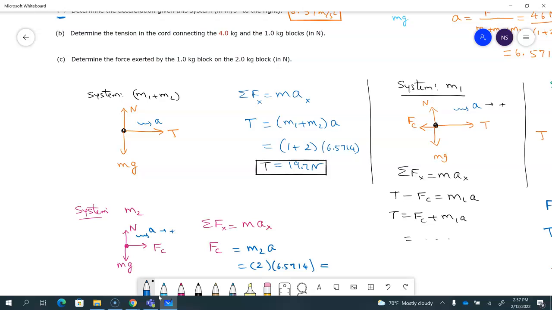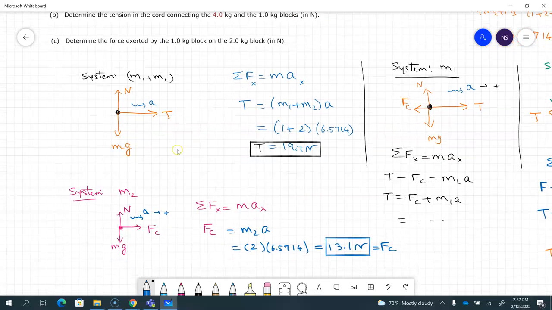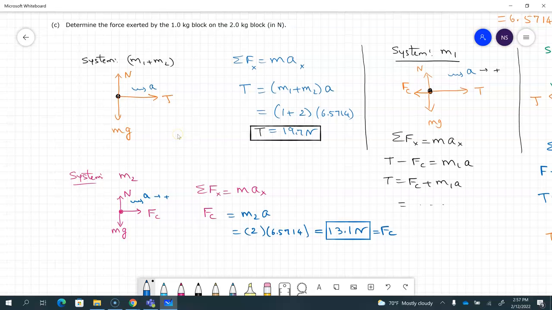So that will come out to be 2 times that, which is 13.114, actually, 13.1 newtons. That's the contact force Fc. Okay, so now I know the contact force. That's the force M1 pushes on M2. Same thing, M2 pushes back on M1.